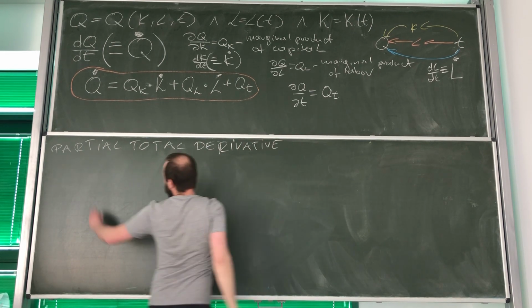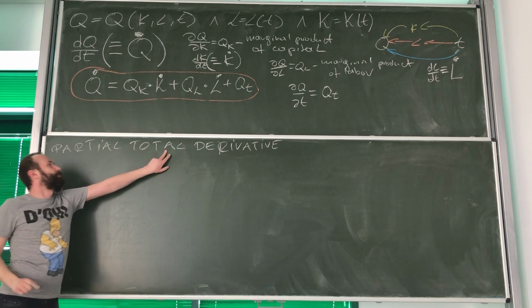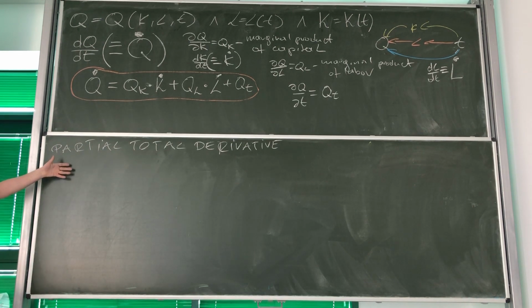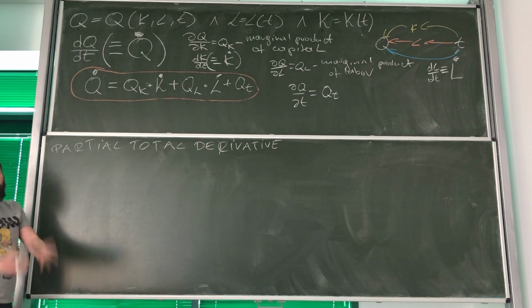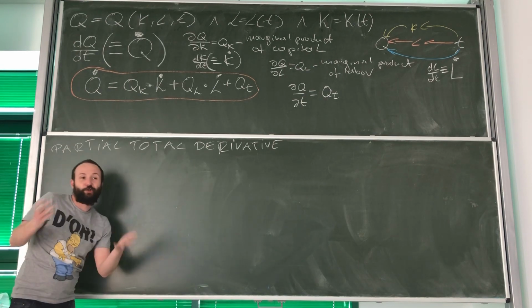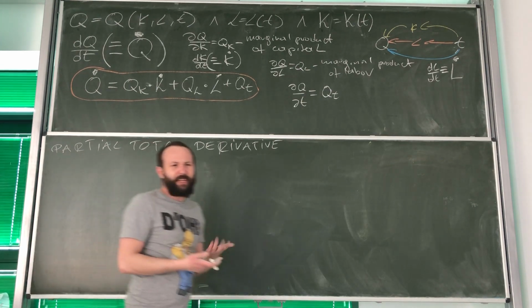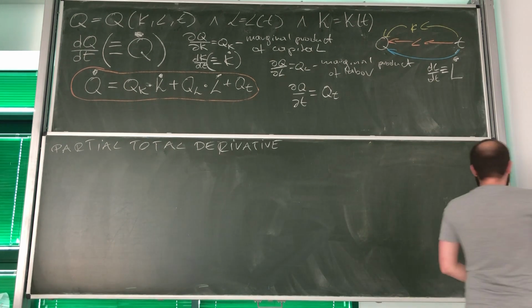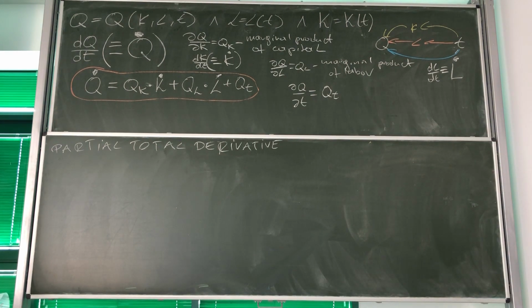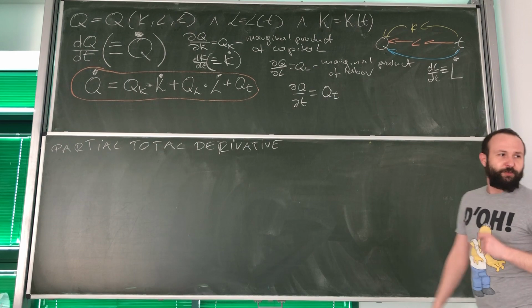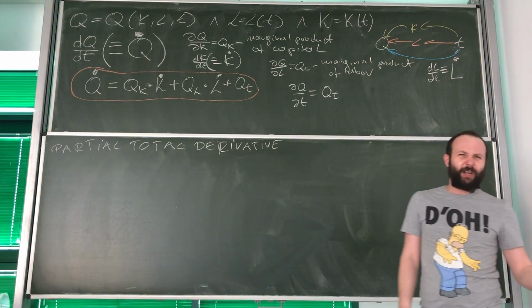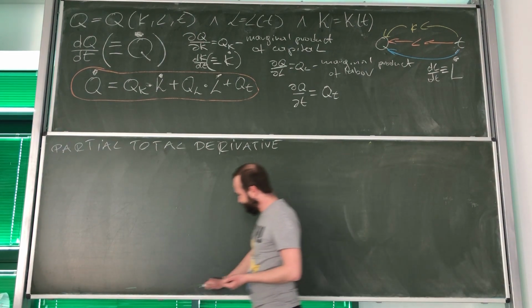I hope you can see the oxymoron in those two words, because on the one hand we've got partial, so just part of something, on the other hand we've got total. They might seem conflicting, however, once we explain what we mean by that, it becomes pretty much obvious.